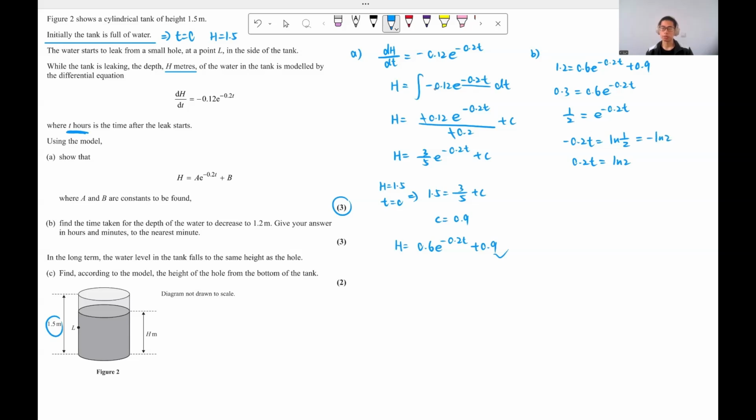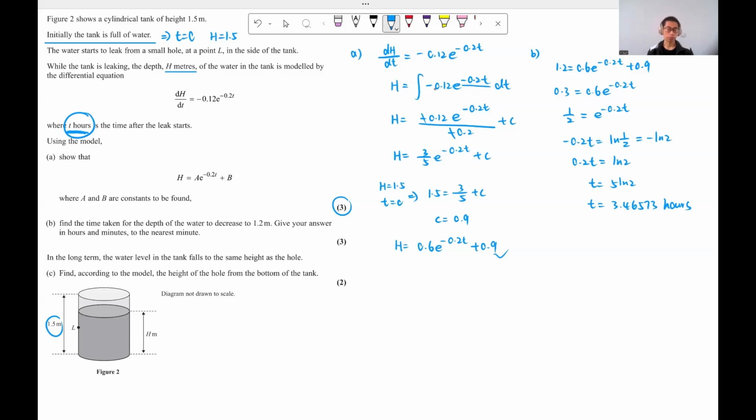So t is equal to 5 ln 2, because 1 over 0.2 is equal to 5. Put 5 times ln 2 in the calculator, and we have t equals 3.46573. And then the units would be hours.